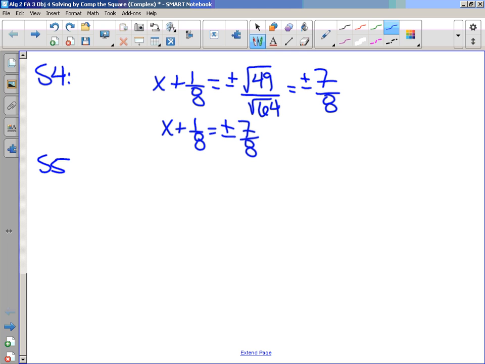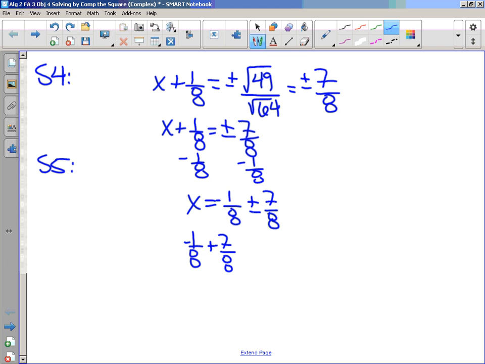Step 5 is going to be to solve for x. So I have x equals negative 1/8 plus or minus 7/8. And if I split that up into my two possibilities, negative 1/8 plus 7/8 and negative 1/8 minus 7/8. Let's see what we get.